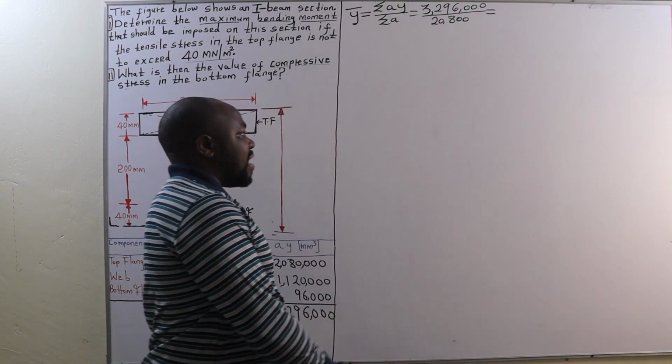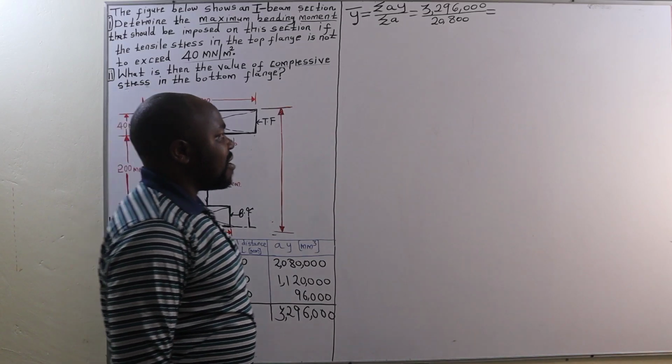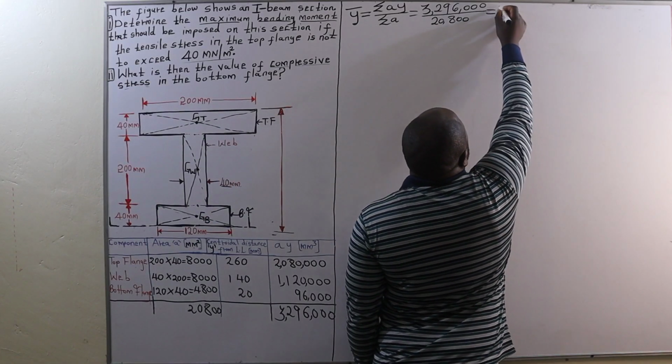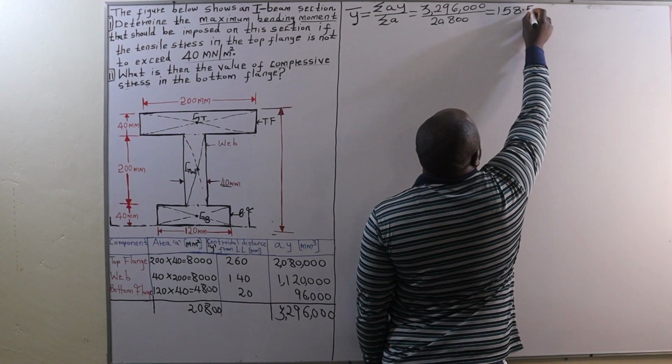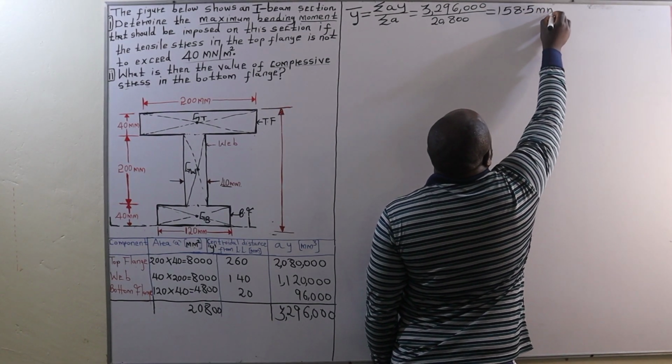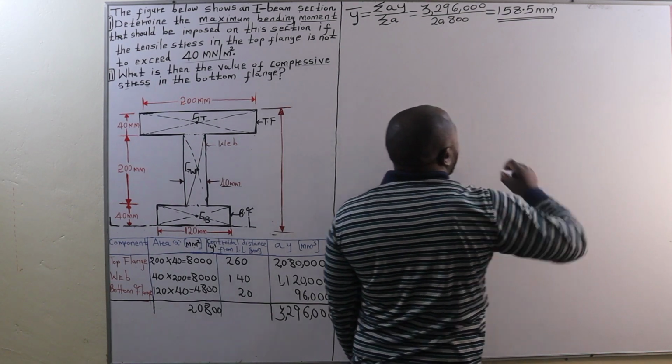So when you divide the two values, you are going to have 158.5 millimeters. Therefore, that is the value of bar Y.